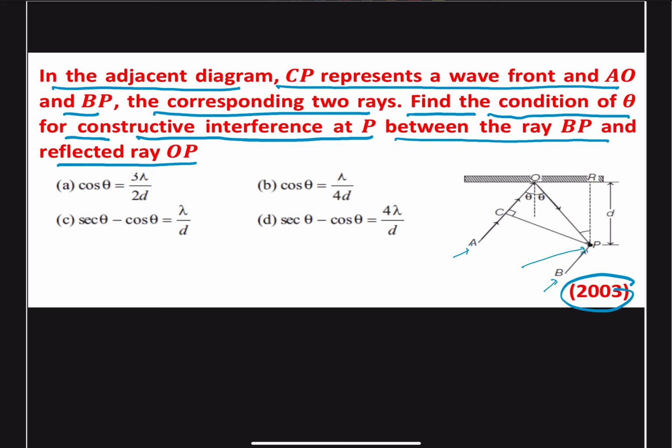And from the figure we can clearly see that this angle will be about 90 degrees and this also is 90. So therefore this angle will also be theta, and we can say this angle is 90 minus theta. Okay. And the distance between P and the surface is given as D. Therefore we can say that one ray is coming direct to point P and another one is reflected from the surface, and the reflected one is going to introduce a path difference.